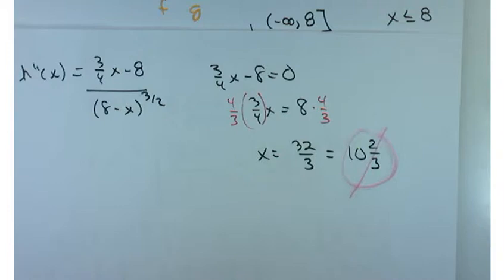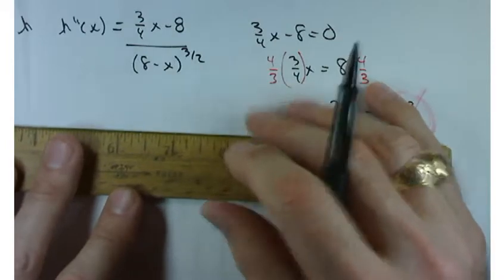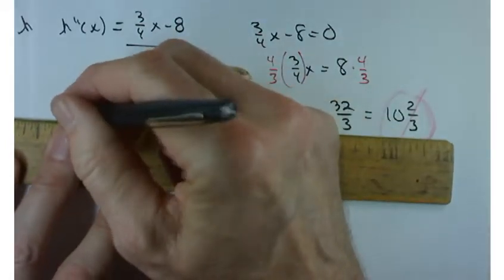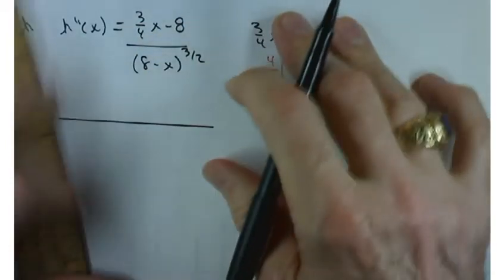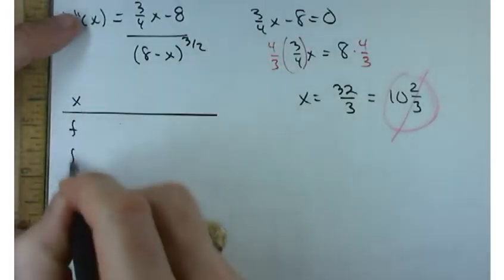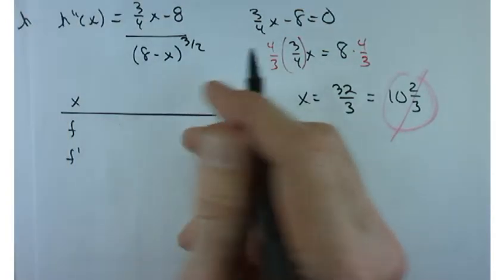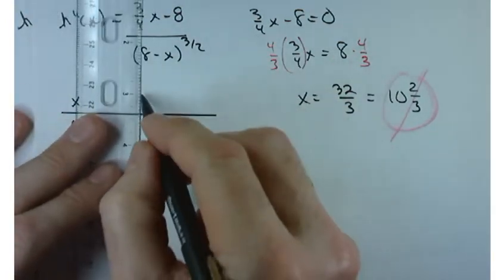So let's start putting some of these things together. Now how about 16/3? Is 16/3 in the domain? Yes, it is. So it's a little bit more than 5.